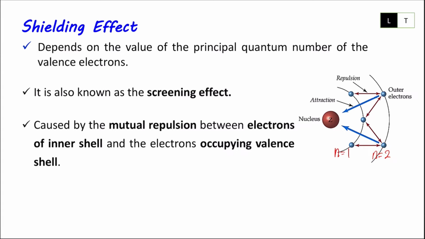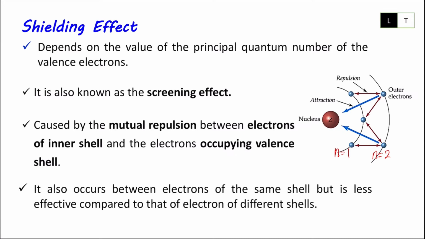So this repulsion will produce the shielding effect, where inner electrons will shield the valence electron from getting closer to the nucleus. That is why shielding effect happens.